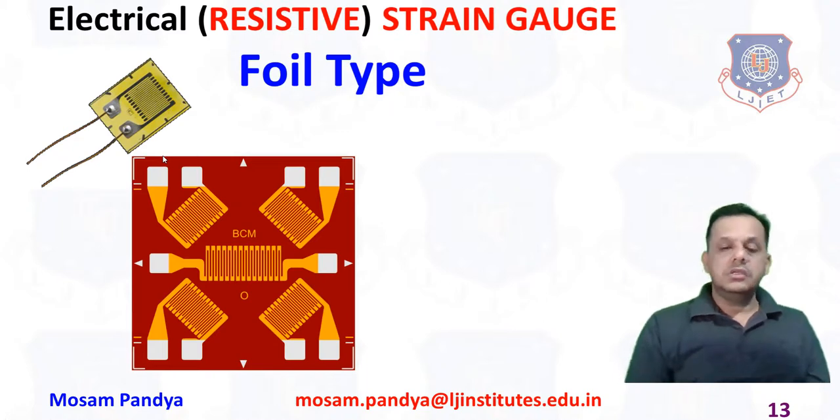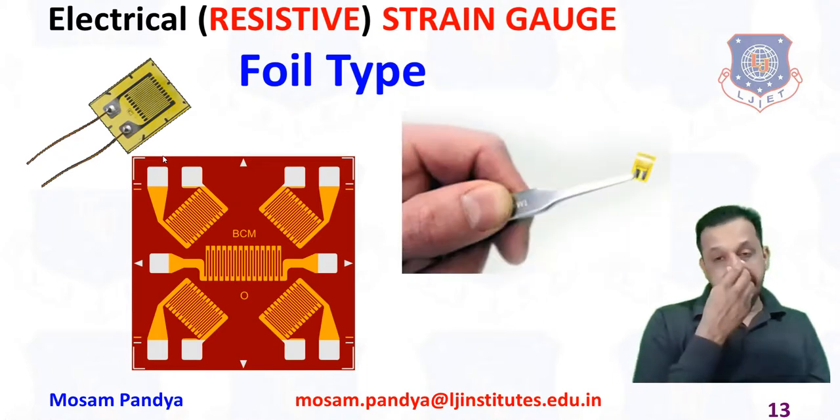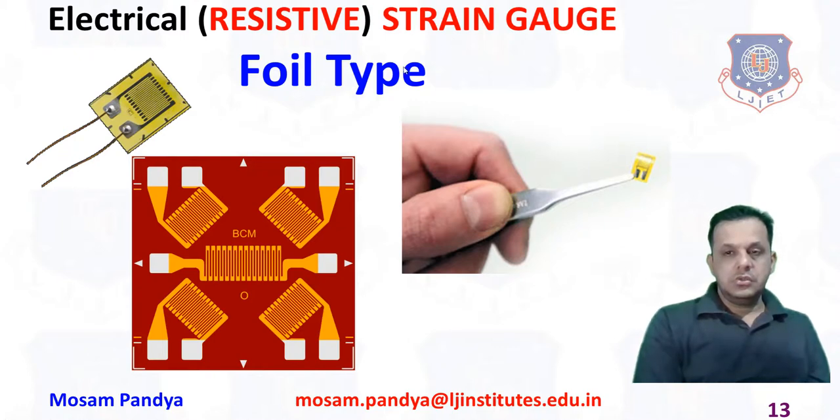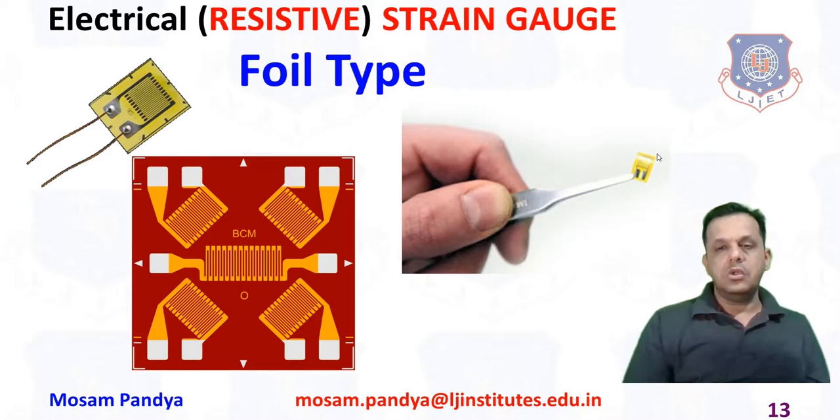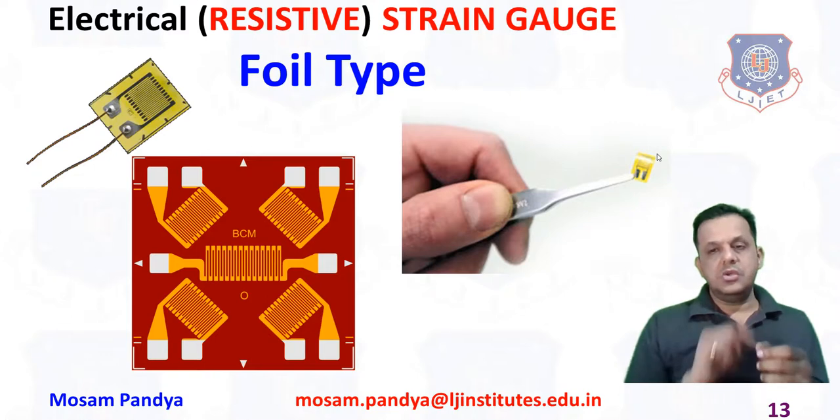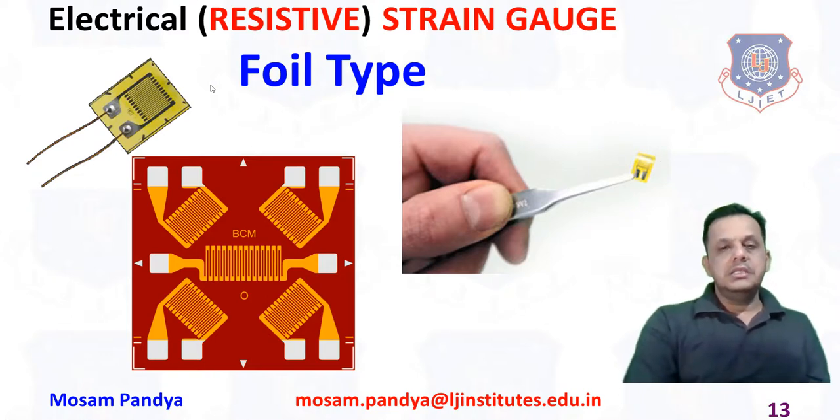So this is all about the foil type strain gauge. Please recall the scale of the actual formation. Again, I request you to remember the small size of the strain gauge, which can actually be fixed on your nail also, and we are trying to see a bigger picture here.